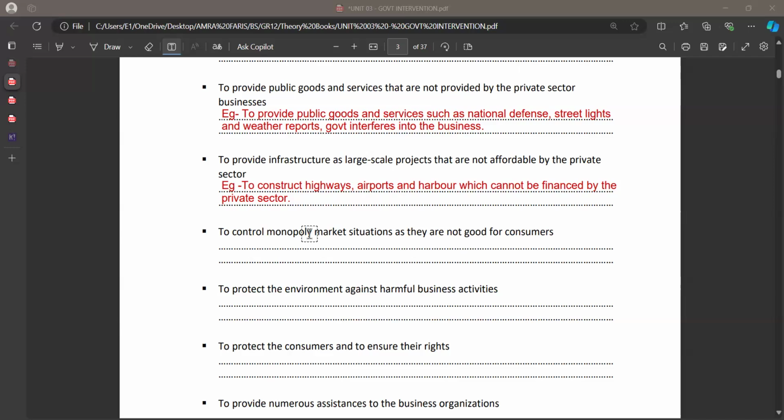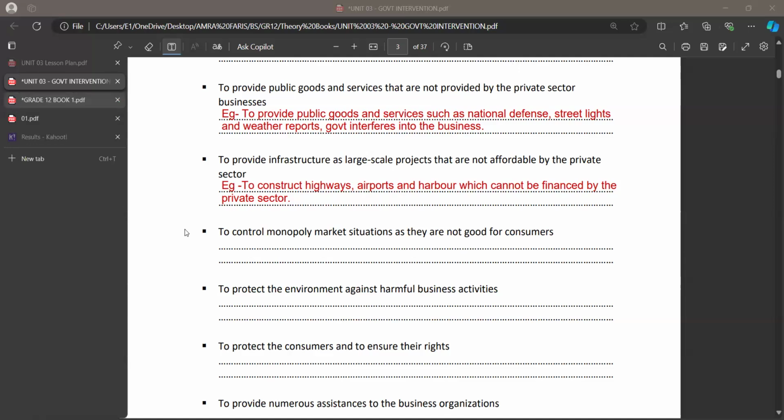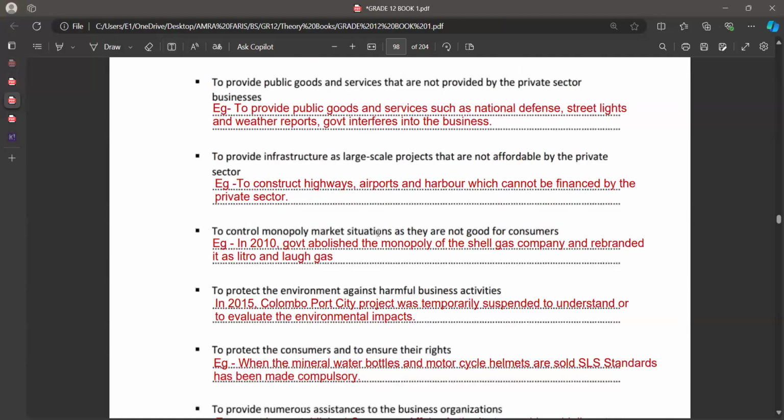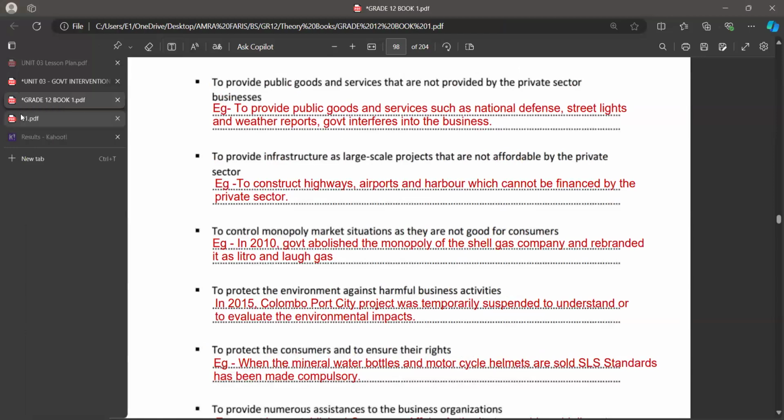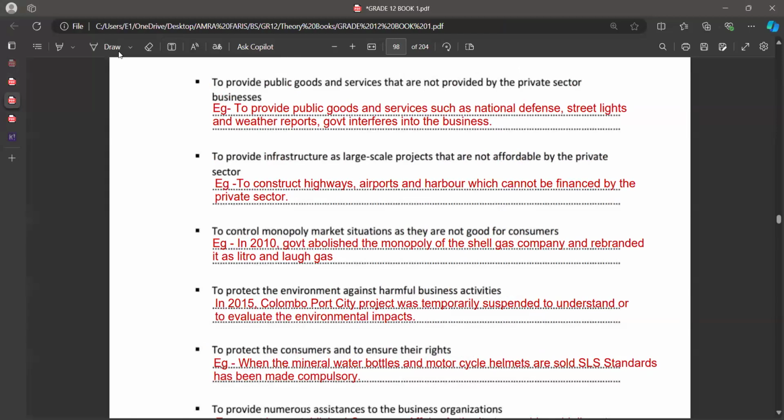Okay, next one. To control monopoly market situations as they are not good for consumers. Now, as I told you, look here. Do you all know shale gas? Have you all seen the shale gas? Have you all seen it?